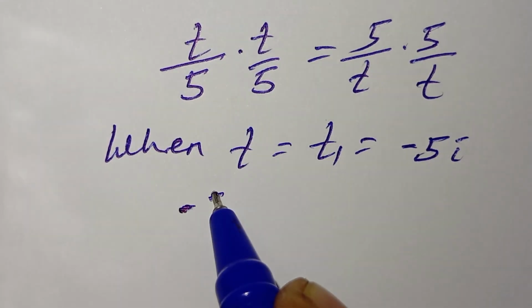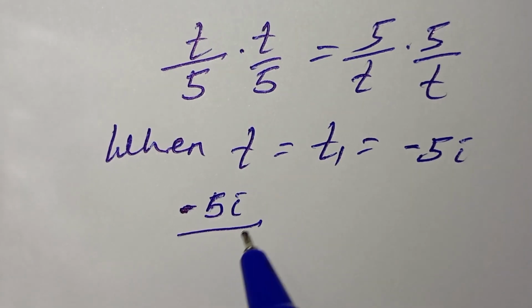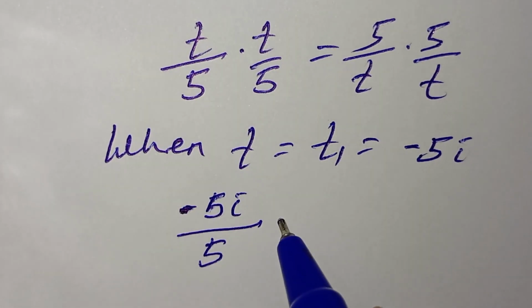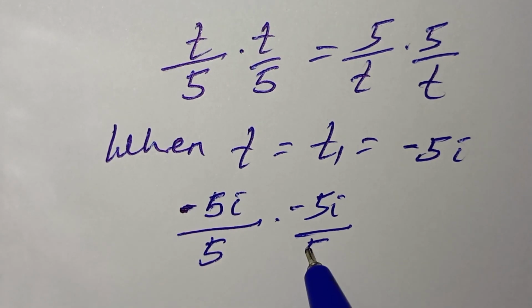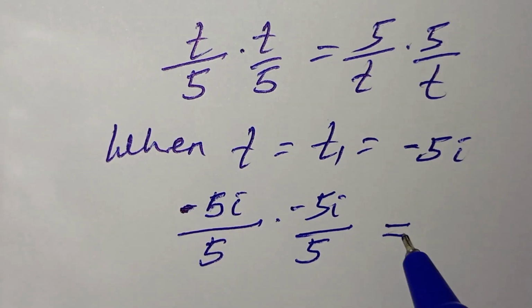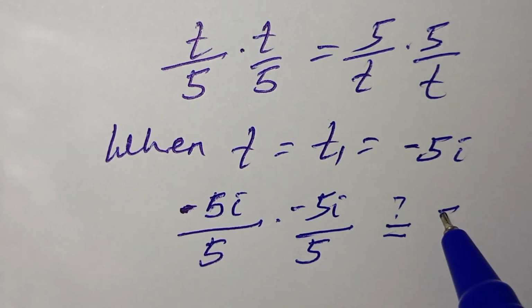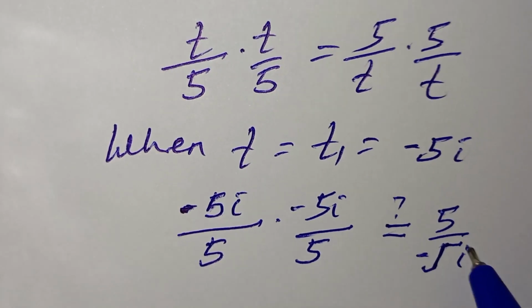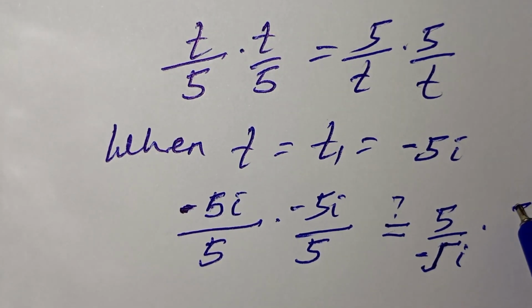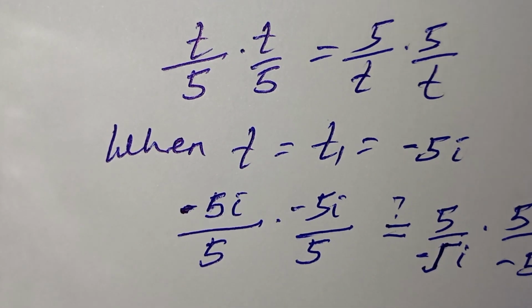Minus 5i over 5 times minus 5i over 5, is it equal to 5 over minus 5i times 5 over minus 5i?